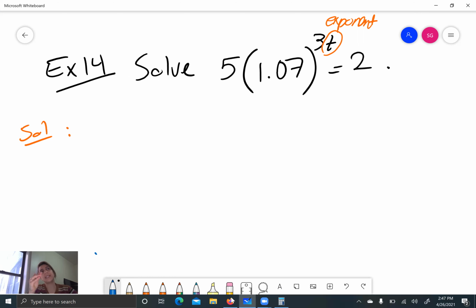The next step is that we need to isolate the exponent factor. It has a base and a power. That term needs to be isolated, meaning we should have it by itself on one side of the equation.